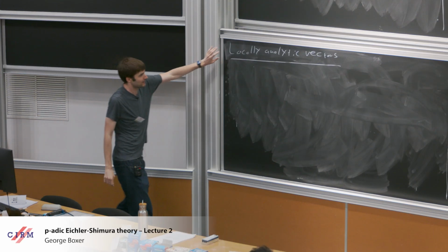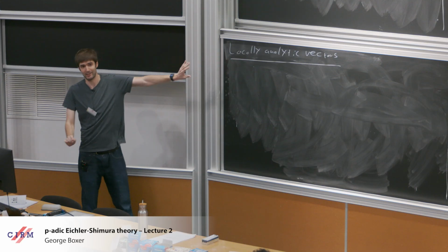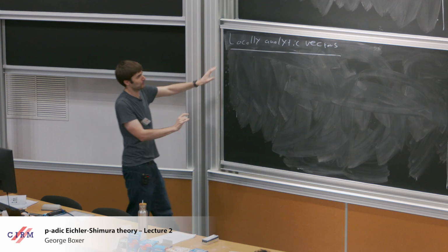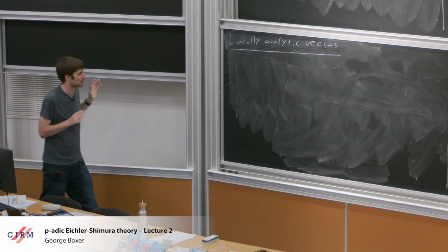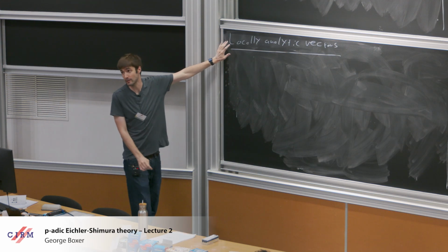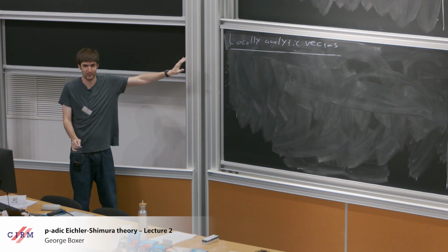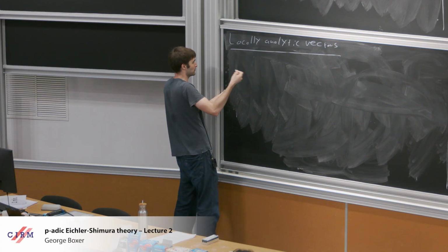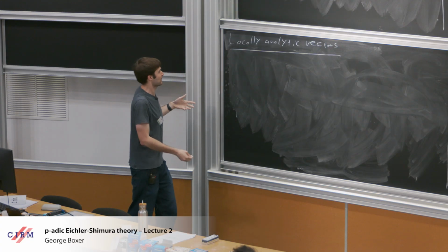Okay, so maybe some of you have seen this before, and I'm not going to tell you anything you don't know. I kind of want to give an explanation of this for people who are maybe not so familiar with this notion. So before I talk about locally analytic vectors, I need to talk about locally analytic functions. So I just want to consider a very simple example.